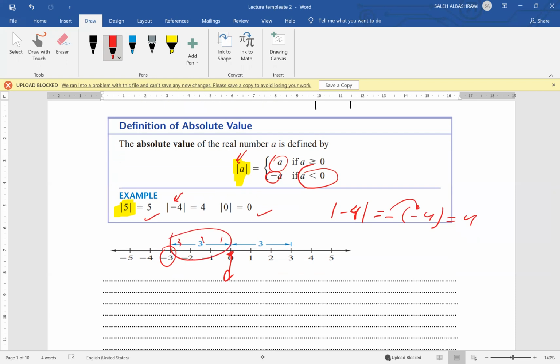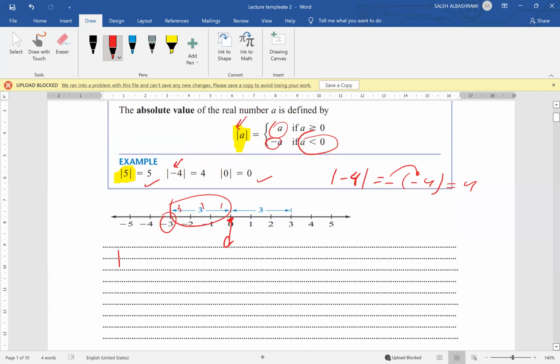So the absolute value of minus 3 is equal to 3. We can say 3 units or 3 centimeters from the 0. It is a distance. We can define the absolute value as a distance. So the absolute value of minus 3 means we are measuring the distance between 0 and minus 3, and that gives me 3.